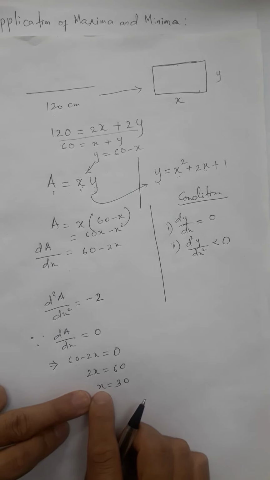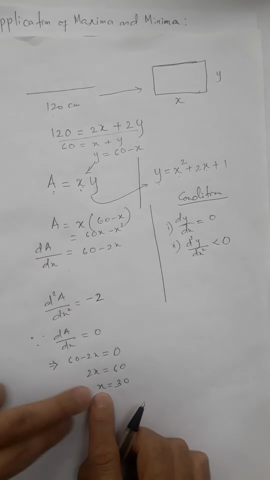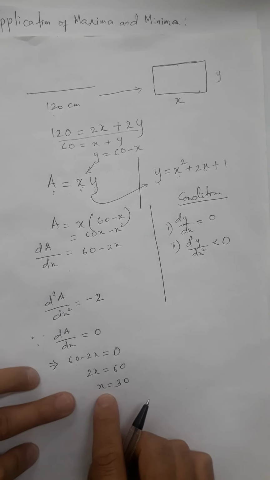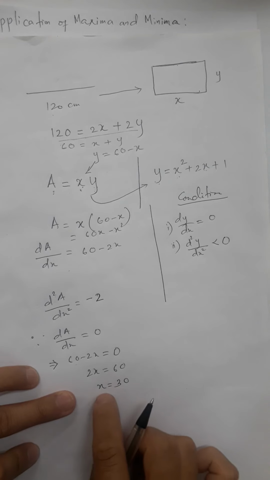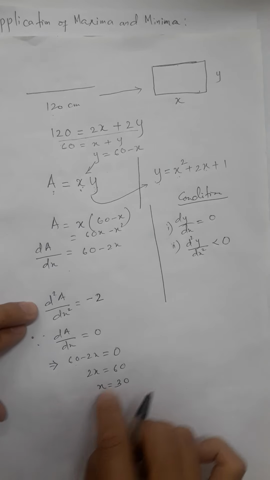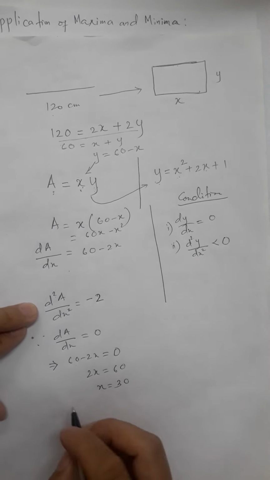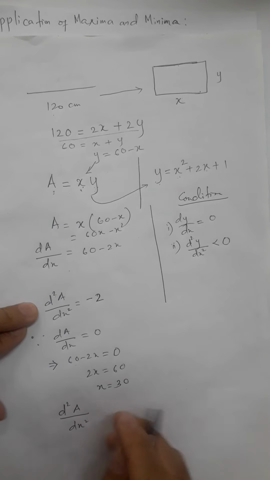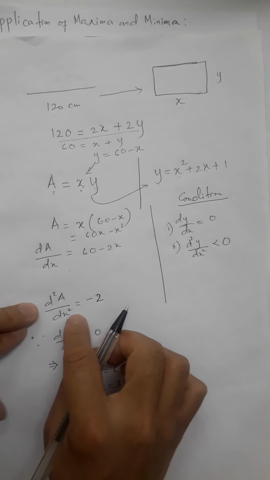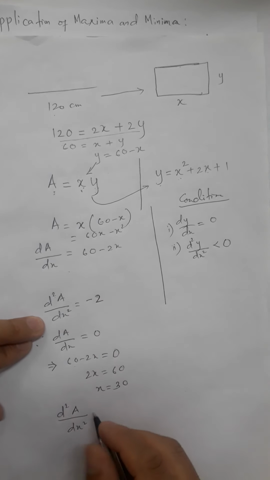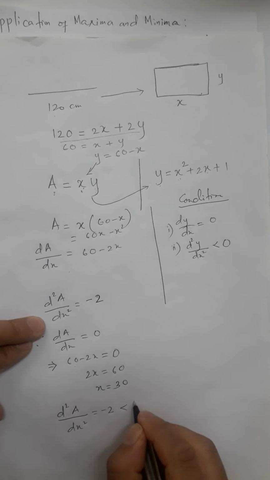What is x? X is your length. So x is 30. Now when x is 30, let us see what the area is going to be. For that we have to check the maximum condition. I actually have to replace this x in the second order derivative, but you don't find the x variable there, so you can simply write that it is less than 0.